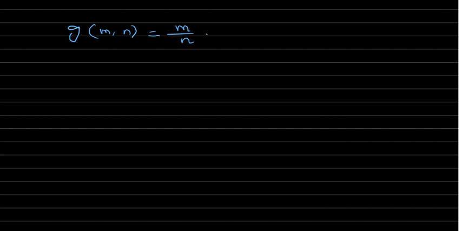Is this map a surjection? It's a map from Z plus cross Z plus to Q plus. ये surjection है. Is it onto? Yes, sir. Okay, because if you choose any rational number, then any rational number is of this form m by n. So it's a surjection.